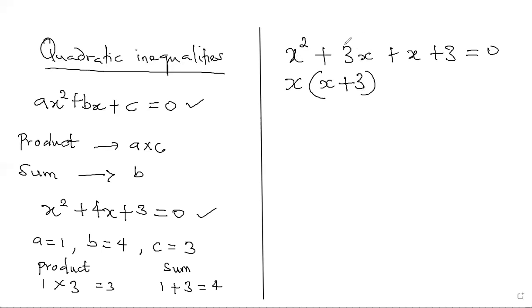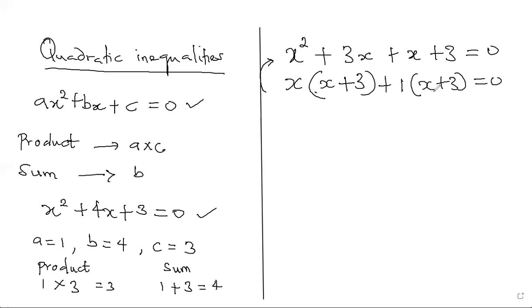When you pull out x from here, you have 3 remaining. Plus, when you look at what is common to these, if nothing is common, as a rule of thumb, 1 is common to them. So the only thing that is common to them is 1. If I pull it out, then I will have the same thing there. As a sanity check, you can expand this to see if you will go back to this.